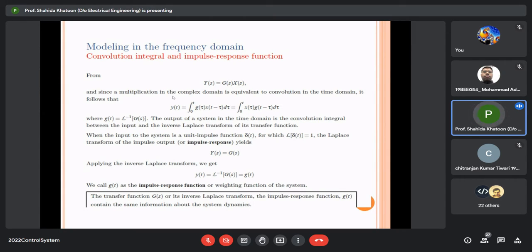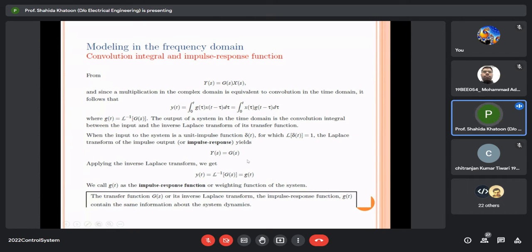The output of a system in the time domain is the convolution integral between the input and the inverse Laplace transform of its transfer function. When the input to the system is the unit impulse function delta(t), for which the Laplace transform of delta(t) is 1, the Laplace transform of the impulse output, that is the impulse response, yields Y(s) equal to G(s), because in that case X(s) is equal to 1.